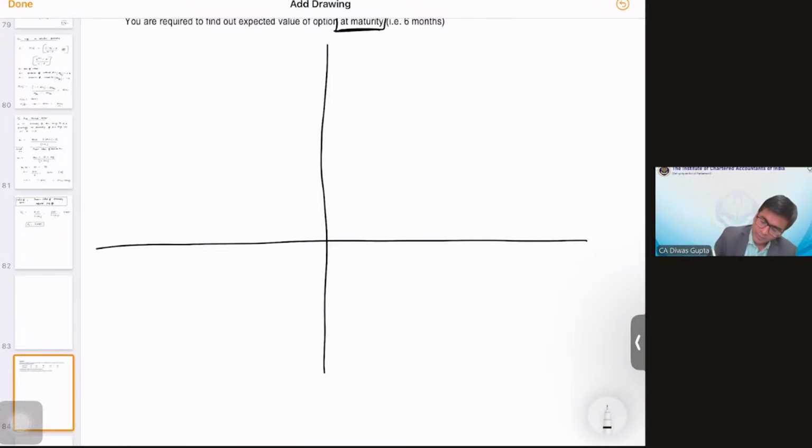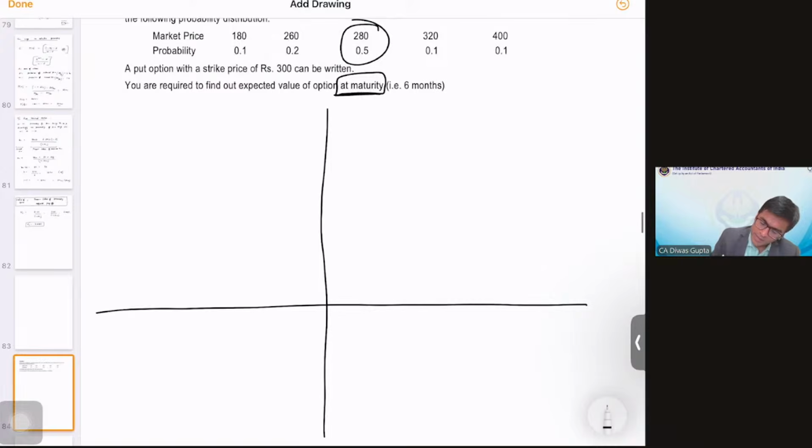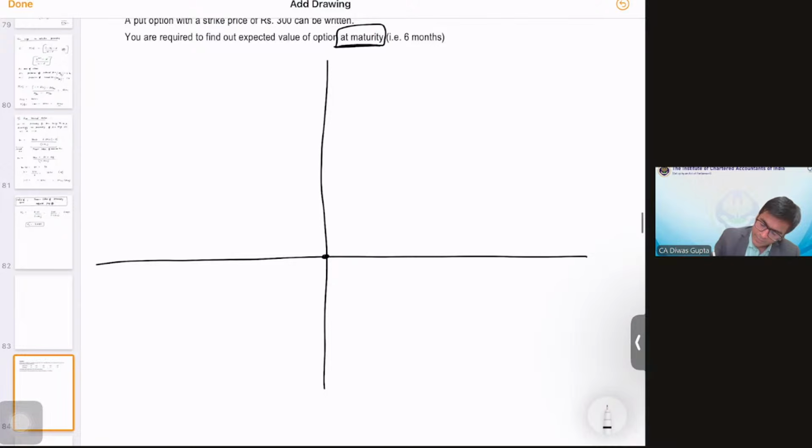Okay. So what is the strike price? 300. Let's say this is 350, this is 250, 200, 150. This is at the money, right?